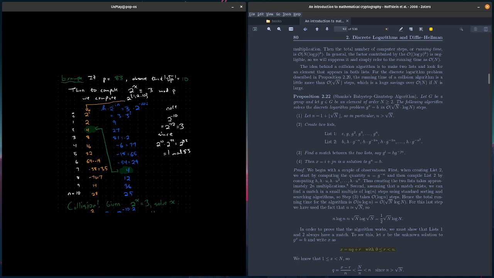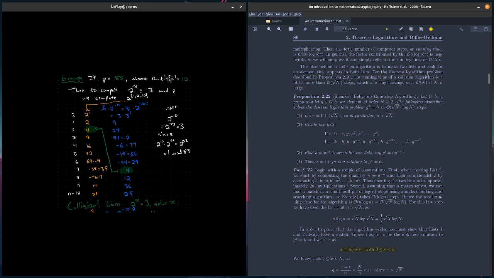And then we need to look for collisions between the left side of the table and the right side of the table. And of course, that's simply a matter of sorting. And sorting is an n log n operation, and possibly even better than that. Where n is the square root of p here, we would expect 10 computations of exponent, 10 more computations of exponent, and then a search for collisions, which is simply a matter of sorting. So we'd expect this to be quite efficient.